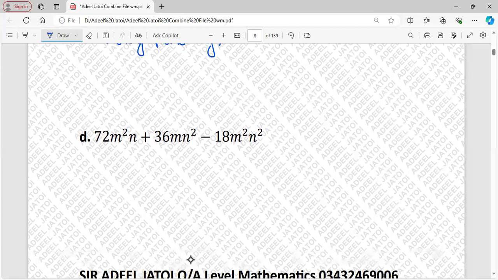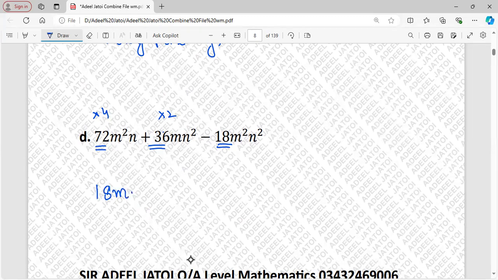Part B, if you see the numbers, the table surrounding the numbers is 18. 18 twos is 36 and 18 fours is 72. So 18 will be common, right? And there will be variables as well. So we write down 18, and the minimum variable of m square and m is m.